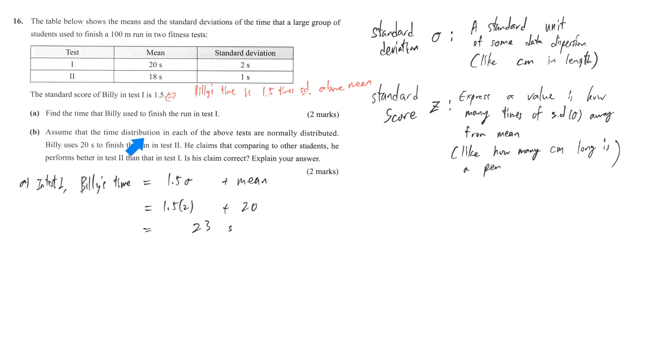In part B, the time distributions are normally distributed. That is a certain kind of common distribution. And then he used 20 seconds to run the test in 2. He claimed that his performance relative to other students is better in 2. So basically, when we compare to other students, we are talking about the ranking. And the standard score is a standardized method to express the ranking.